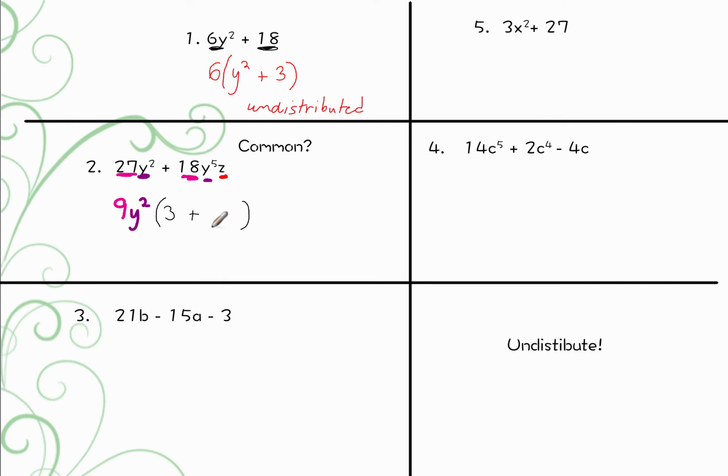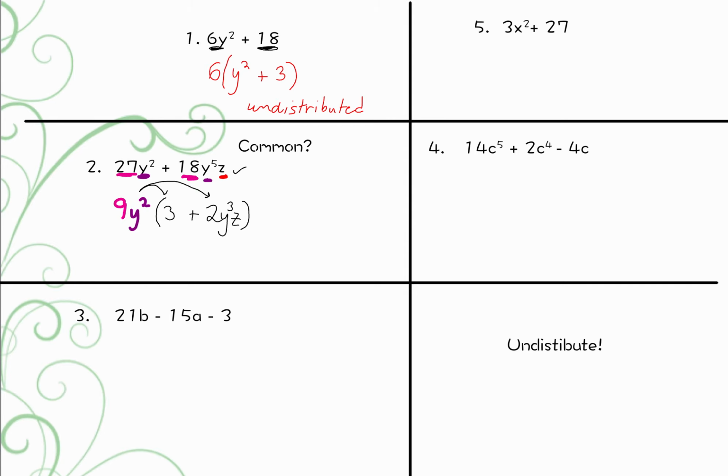Plus 9, this would have to be a 2, because 9 times 2 got me 18. Y squared means this must still have y cubed left over. And then poor little old z, he wasn't in common to anybody, but he's got to hang out there anyway. Now if I were to distribute, I should come back with my original problem, and I do.